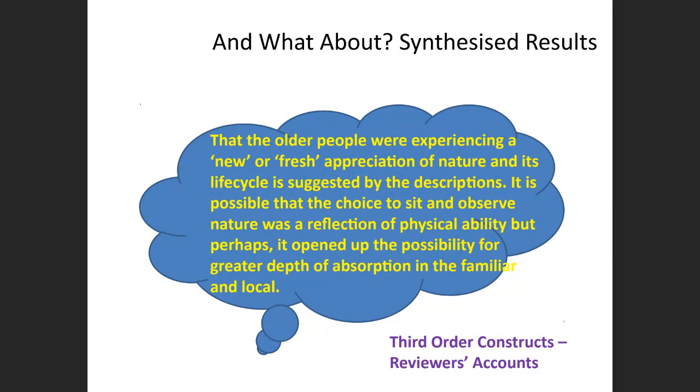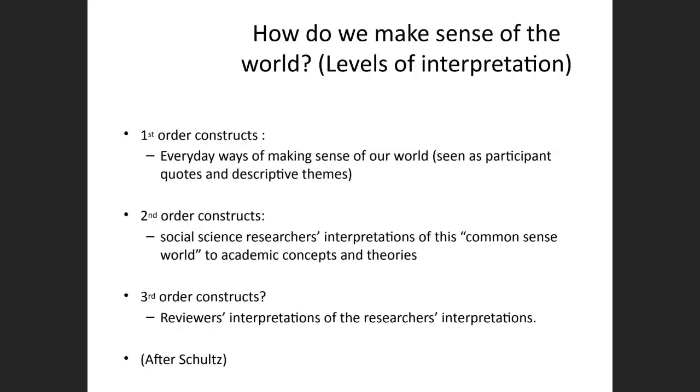And so this is where we take perhaps a pattern revealed by multiple studies and put this within an overarching explanation. And so this division of first order constructs, second order constructs, and third order constructs, although primarily used and referred to within meta-ethnography, does underpin our definition and understanding of the data that we're going to extract.